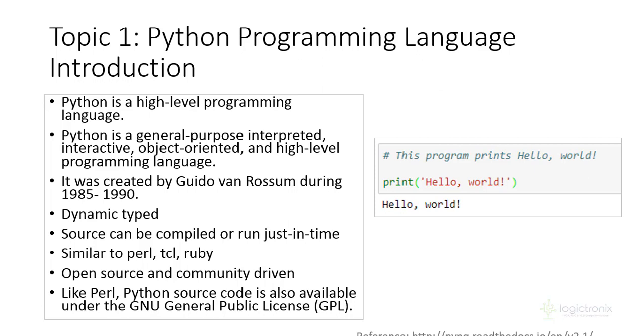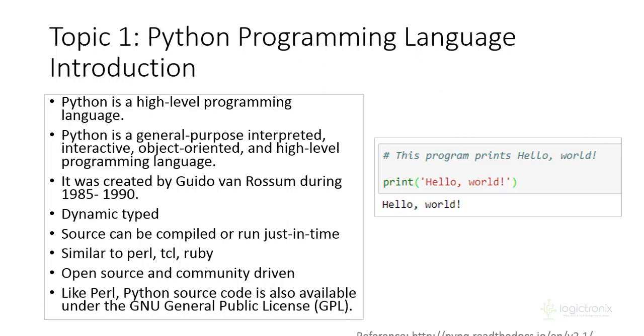So let's learn a little bit about the Python language. Python is one of the top programming languages utilized for high performance computing and normal development like web development, app development, etc. It was initially created by Guido van Rossum in 1985 to 1990.